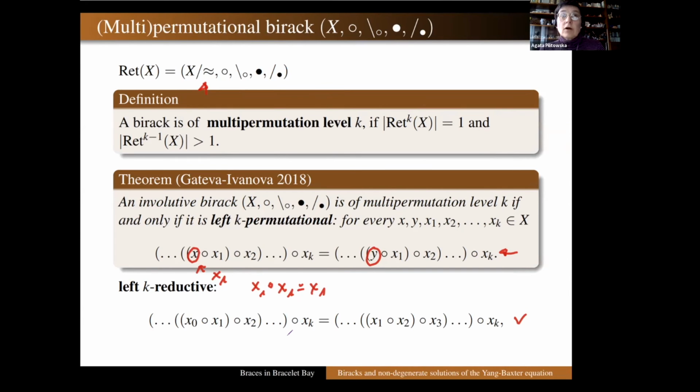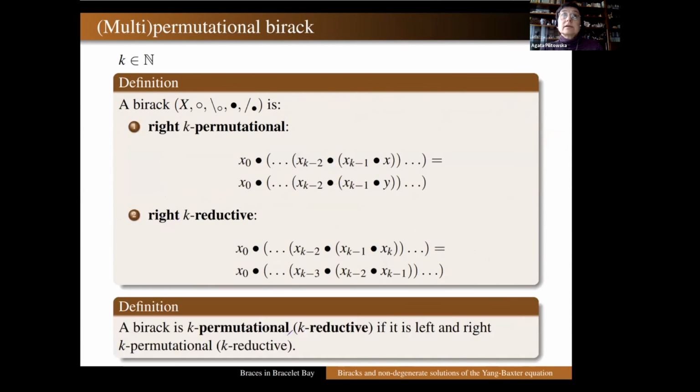But first of all, because in this case left and right distributivity are in general not equivalent, we need a symmetrical definition of right k-permutational and right k-reductive.